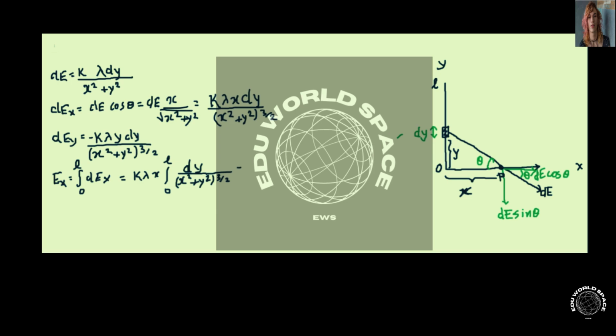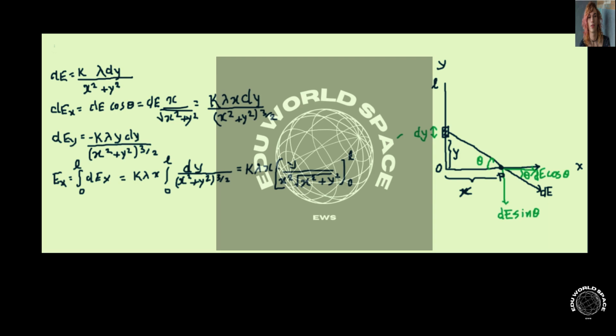Now the integration of this can be seen in the appendix, and that gives me k lambda x times y upon x squared root under x squared plus y squared from 0 to L, right?